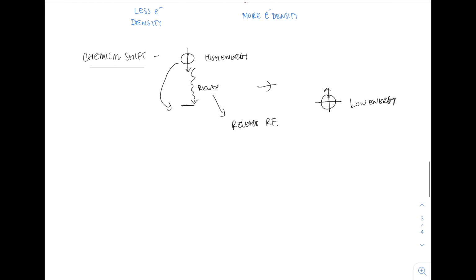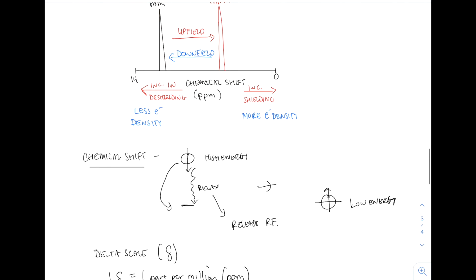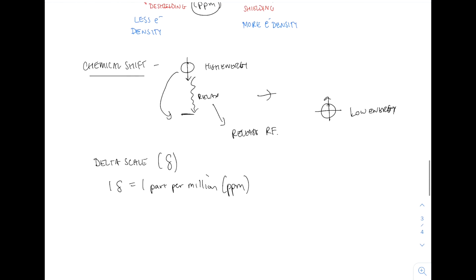And so the delta scale is used for NMR, and that is represented by this symbol. And 1 delta is equal to 1 part per million. And so that's why we had ppm on the bottom for this chemical shift.